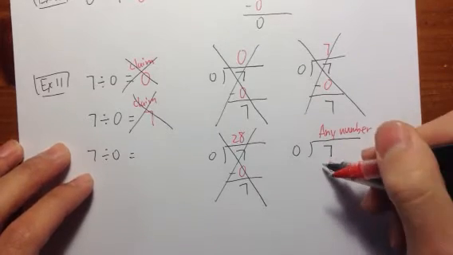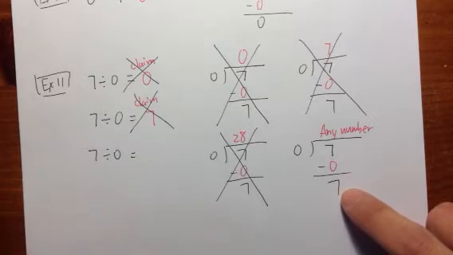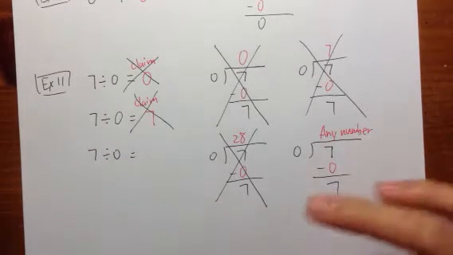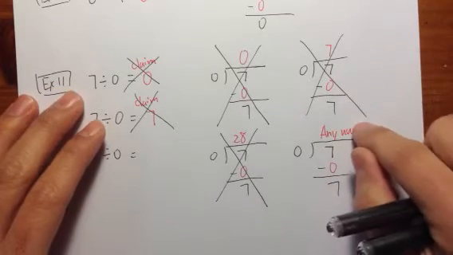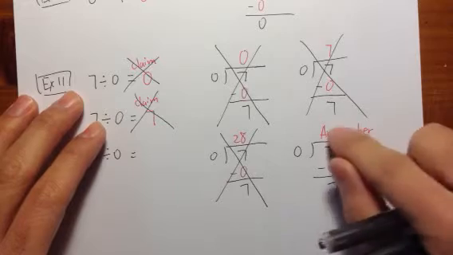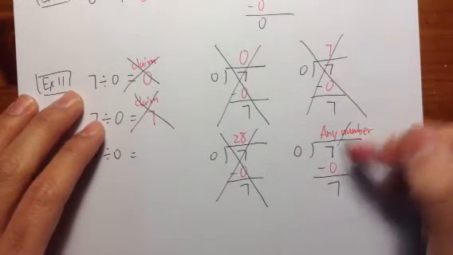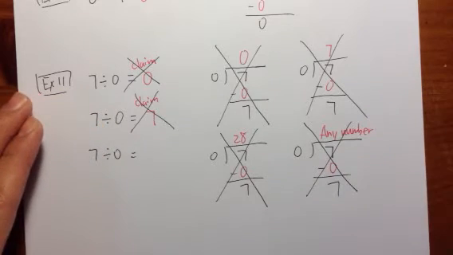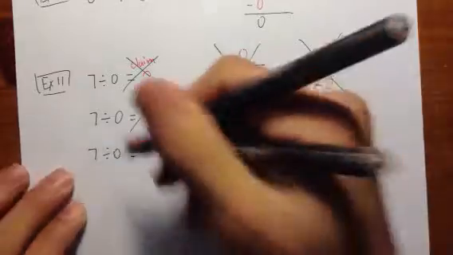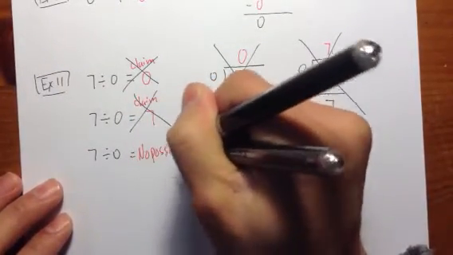So 7 minus 0, again, you end up with the original 7. In other words, there's no number. No number times 0 will give you a 7, because any number times 0 gives you 0. So there's no number that will make this work. This is not possible.